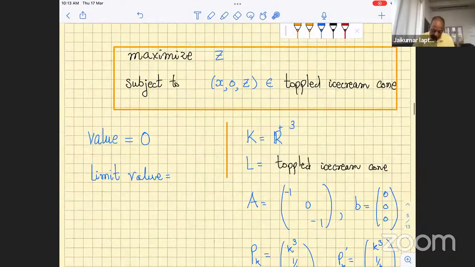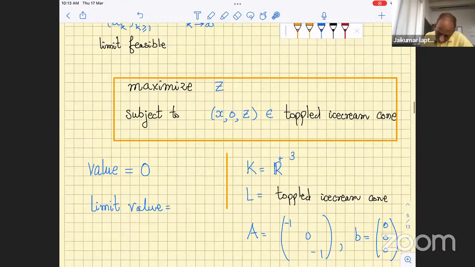So the value of this particular toppled ice cream cone is 0, the value.